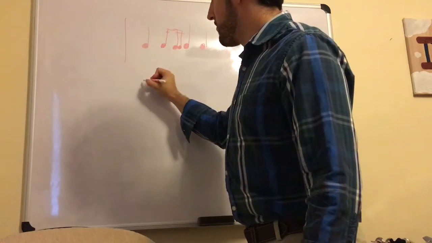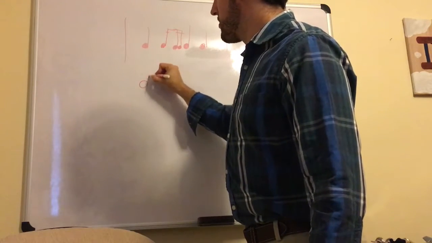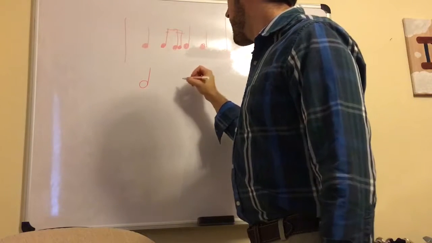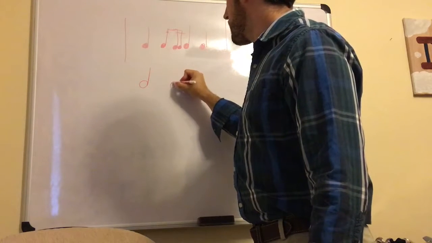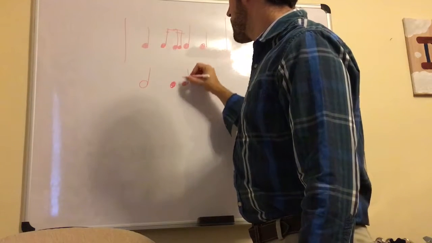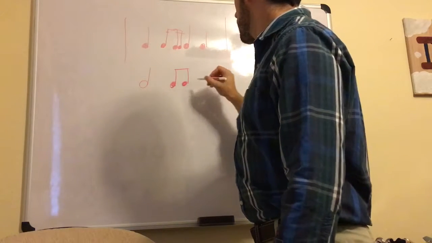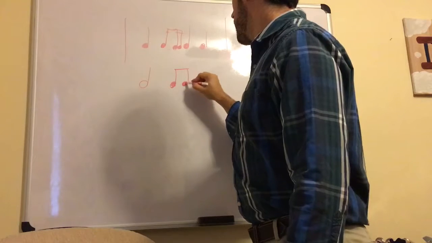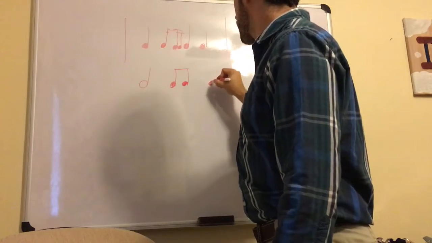So for example, let's put a half note here. Then let's put down 2 eighth notes, and then a quarter note.